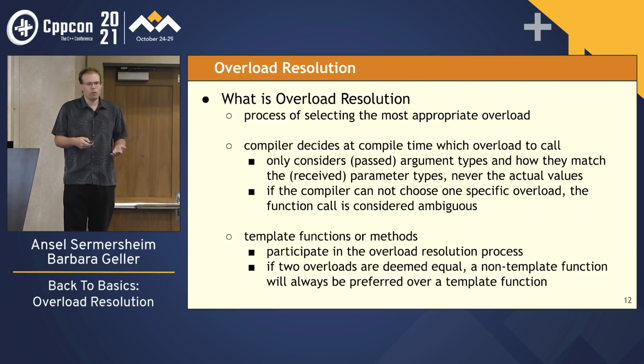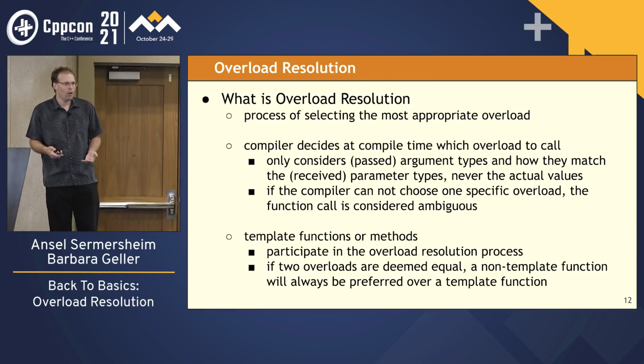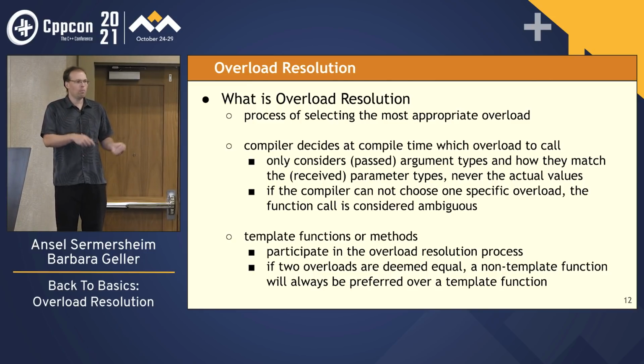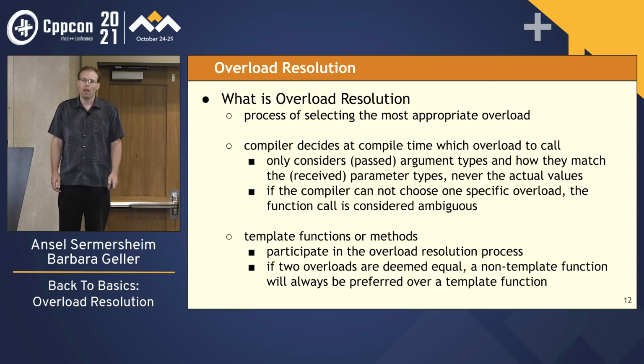So what is overload resolution itself? Overload resolution is the process of choosing the most appropriate overload. The compiler must do this, and it must do this at compile time. And it can only consider two pieces of information in this process.